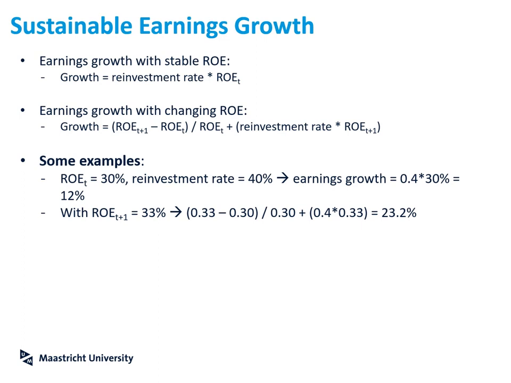And you will see then that with this assumption, earnings growth is no longer 12%, but is actually increasing to 23.2%. And a big portion of that comes from not only this reinvestment, but it comes from having existing assets that are going to be more profitable because they now generate 33% instead of 30%.